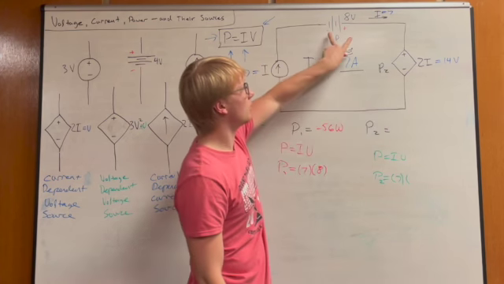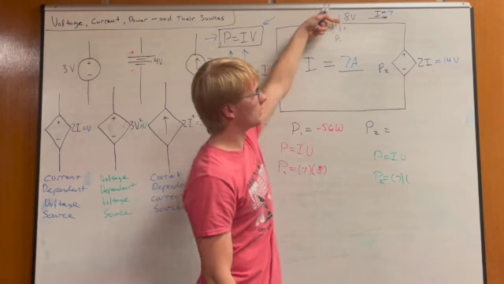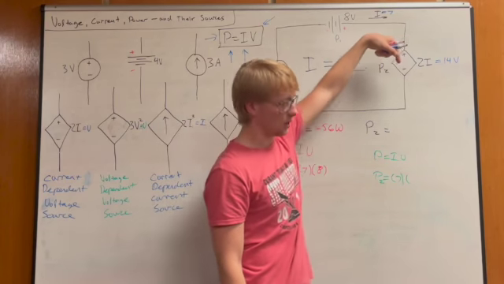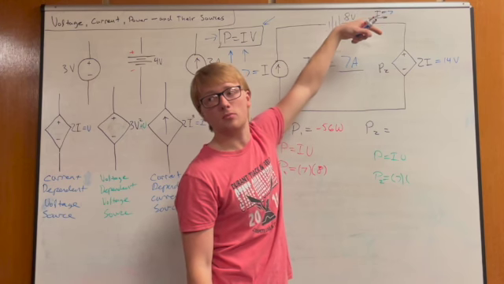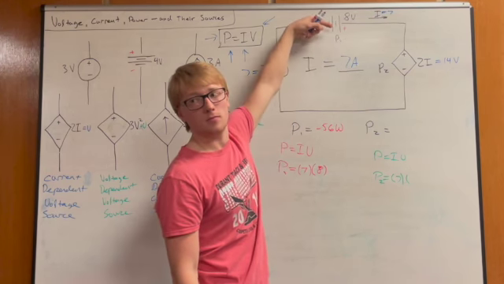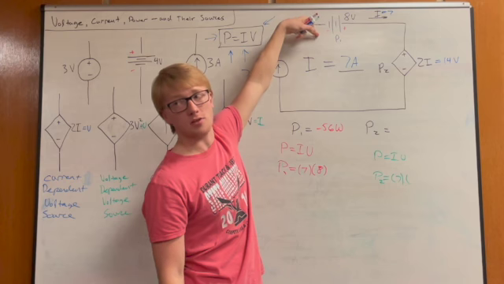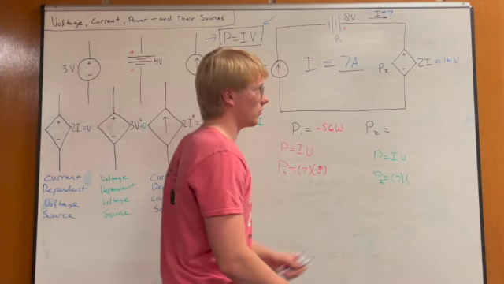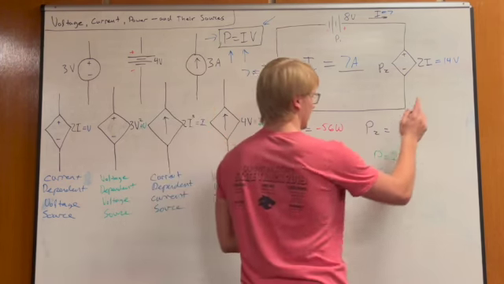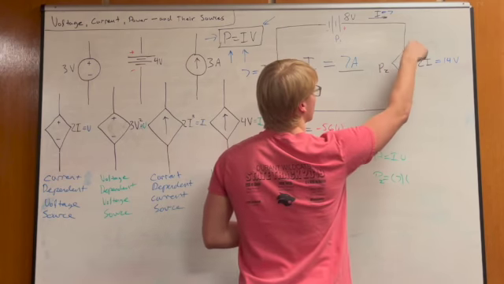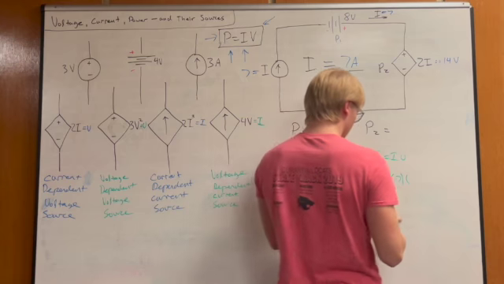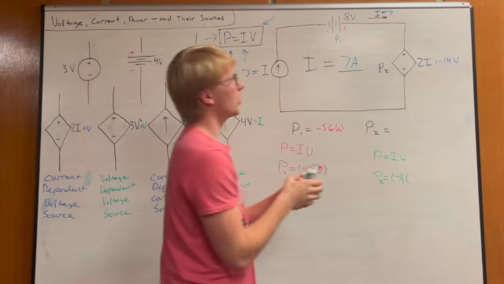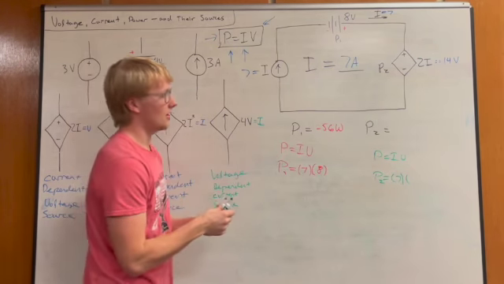And the current's going this way. Is it going to be positive or negative power? It'll be positive, since it's the opposite of the last one. The other one was negative. Exactly. So it's just our current, which is 7, times our voltage.